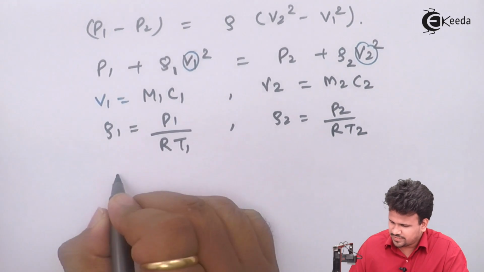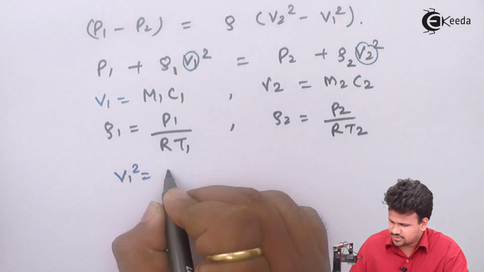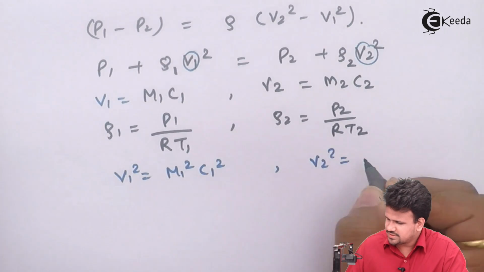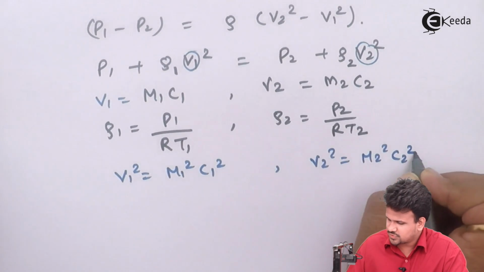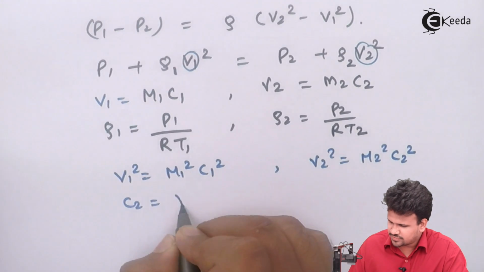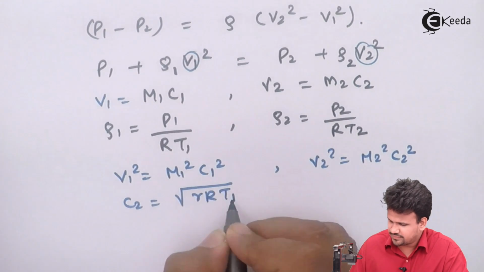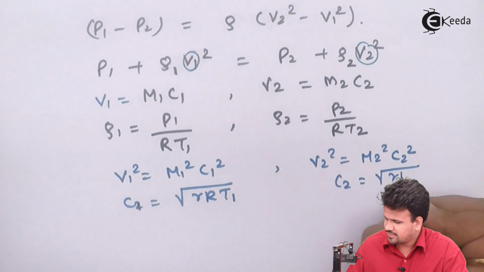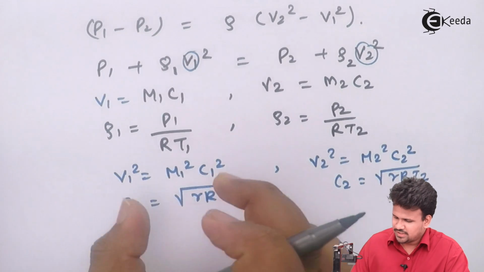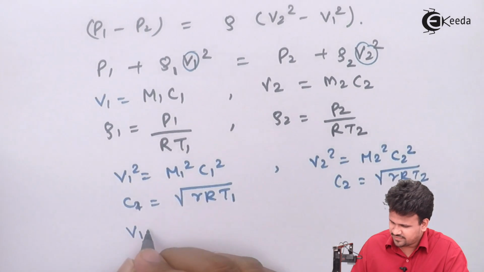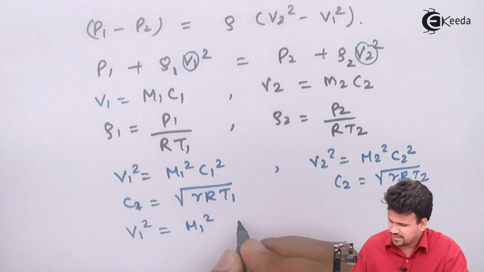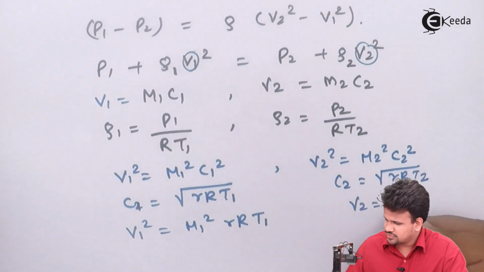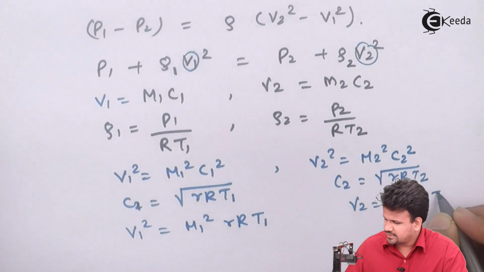With this we can also write V1 square is equal to M1 square into C1 square, and V2 square is equal to M2 square into C2 square, where C1 is equal to square root of gamma R into T1 and C2 is equal to square root of gamma R into T2. So this can be written as V1 square is equal to M1 square gamma R into T1, and V2 square is equal to M2 square gamma R into T2.